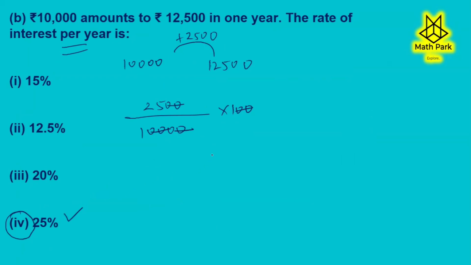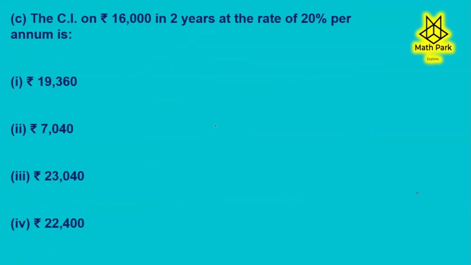Okay, option 4. C, the compound interest on 16,000. Now C, D, E are linked. So the compound interest on 16,000 in 2 years at the rate of 20% per annum. So principal P in bracket 1 plus R, which is 20 upon 100, raised to 2 minus 1 is the compound interest.